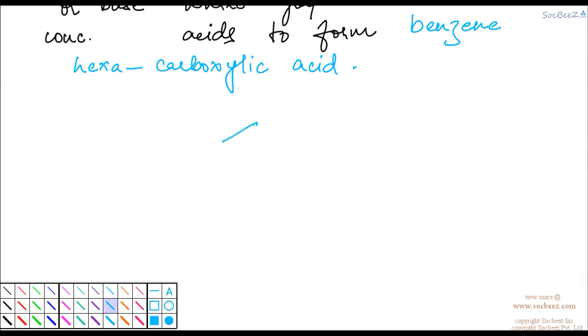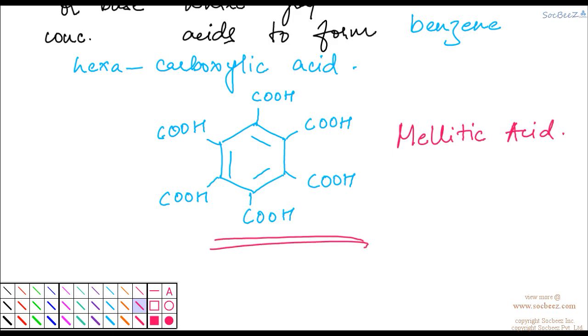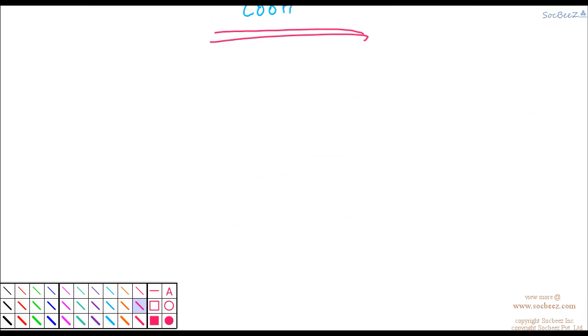The structure of this acid is this. This acid is also called mellitic acid. So graphite reacts with concentrated acids like HNO3 to form this, but diamond is unreactive towards concentrated acids.